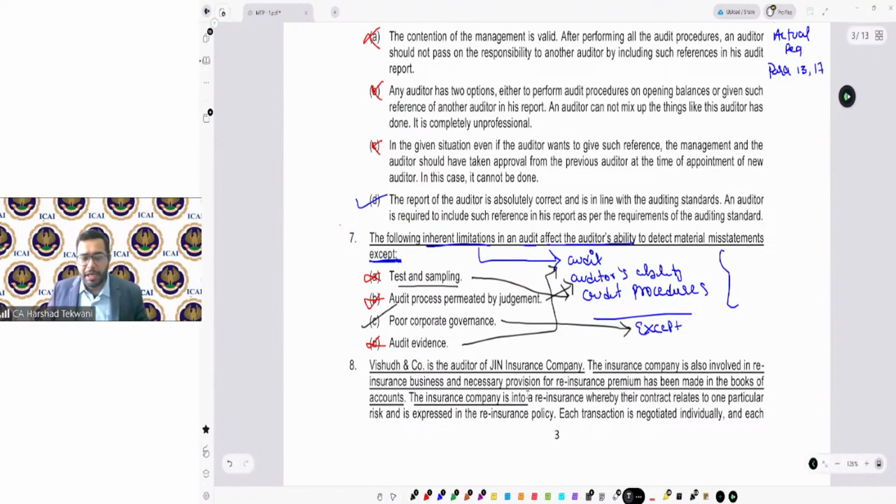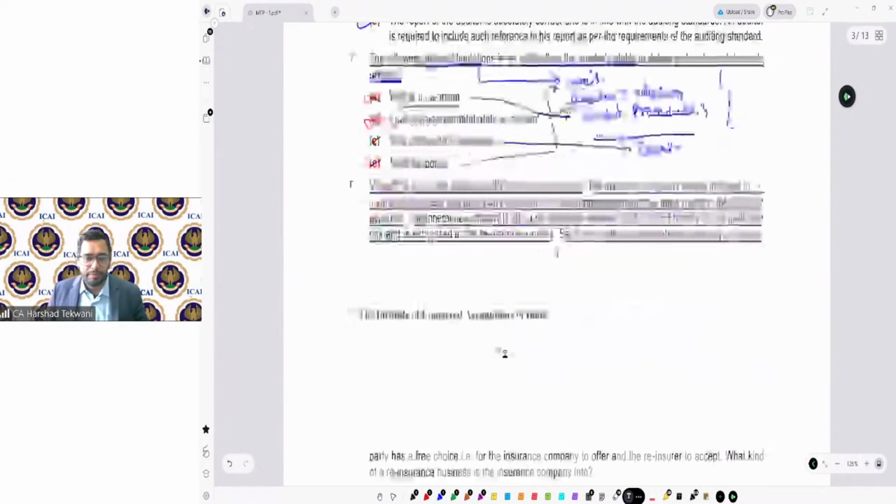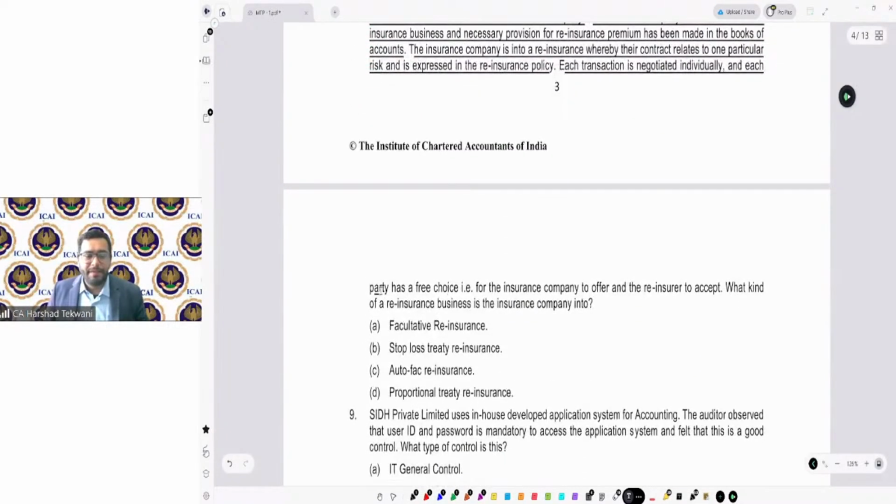The insurance company is into a reinsurance whereby their contract relates to one particular risk and is expressed in the reinsurance policy. Each transaction is negotiated individually and each party has a free choice, for the insurance company to offer and the reinsurer to accept. What kind of reinsurance business is the insurance company into?